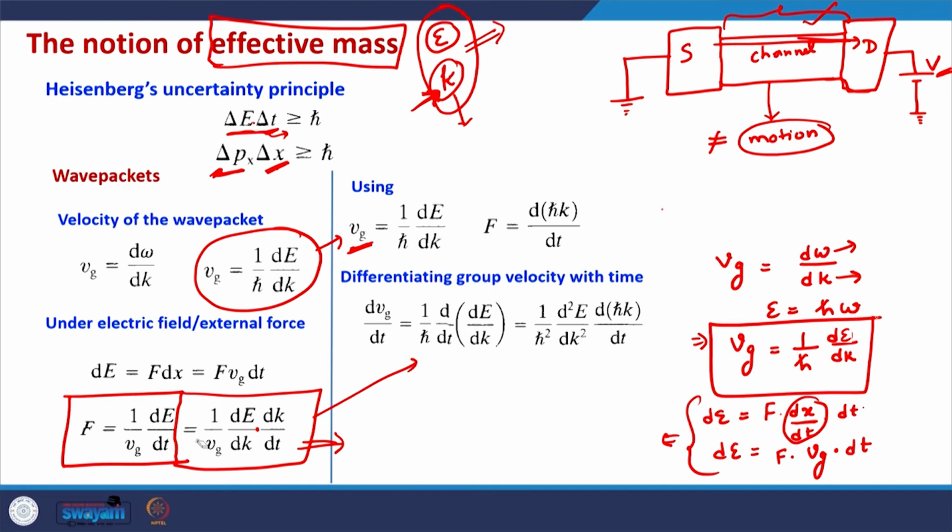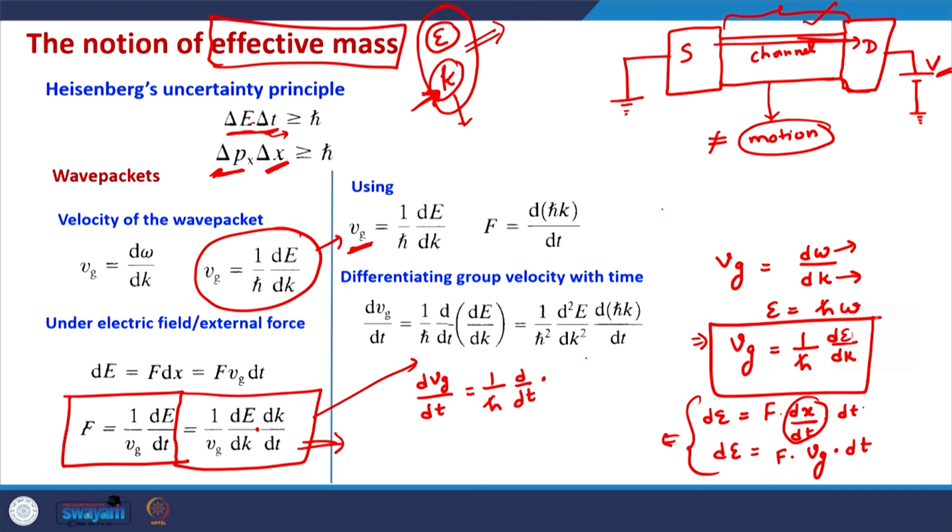Using this equation, we can write dE by dk, and that will give us basically dVg by dt, 1 by h bar d by dt.